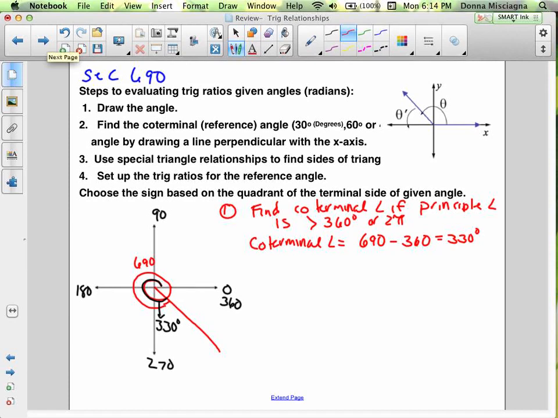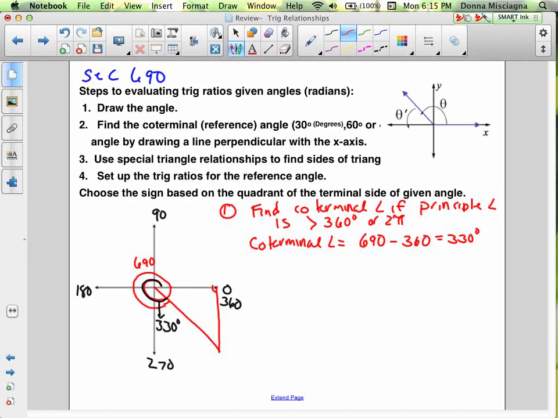Our triangle goes from the terminal side of the angle straight back to the x-axis. So there's our reference triangle. Now we need our reference angle, and we can find it using the coterminal angle, because it would be nicer to work with an angle that is less than 360 degrees, because we'd have to get there anyhow.